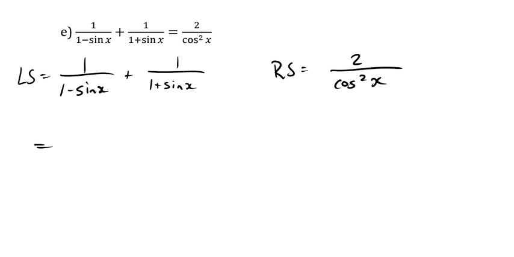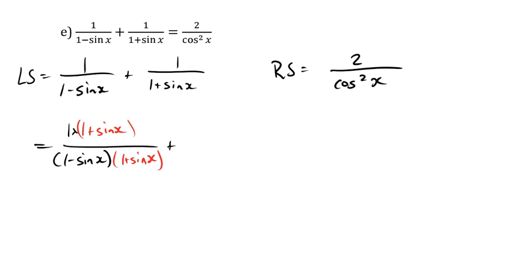So I get 1 times 1 plus sine x, in brackets if we really want, over 1 minus sine x, 1 plus sine x, plus 1 over 1 minus sine x, 1 minus sine x. All right? Okay, good.